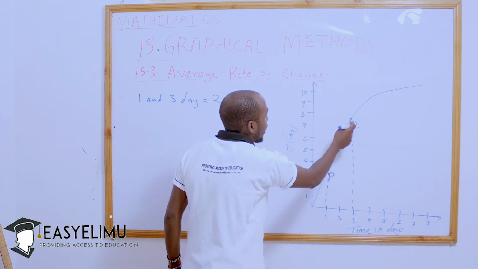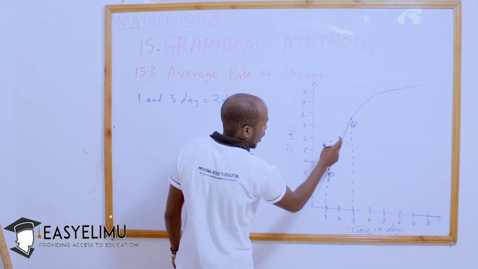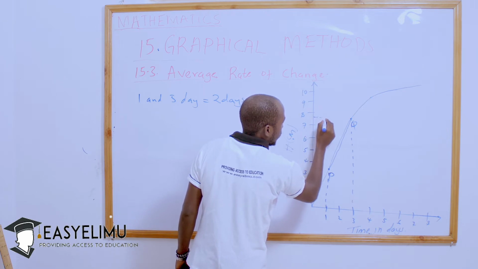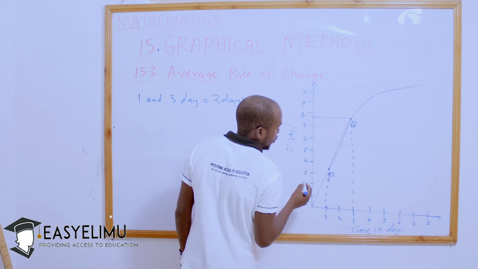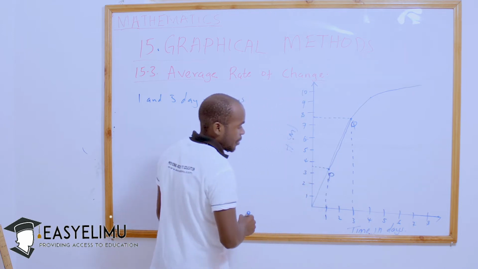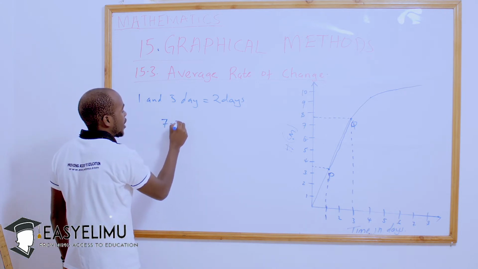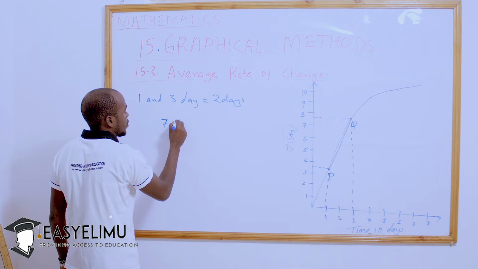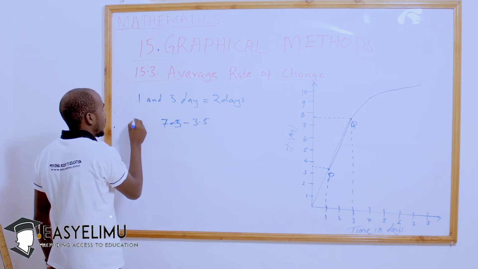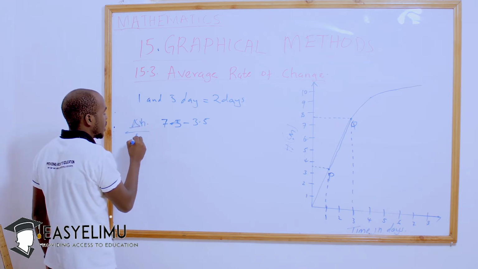So the coordinate of that one will be approximately 7.5, and here we are going to have 3.5. So that one will be 7.5 minus 3.5, because we are finding change in height over change in time.